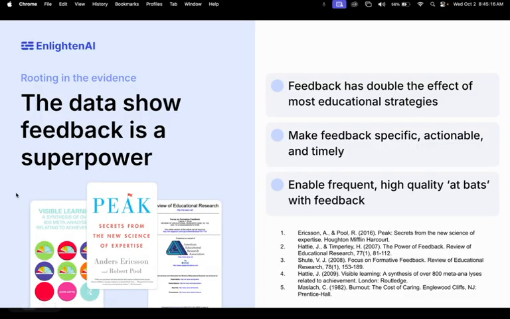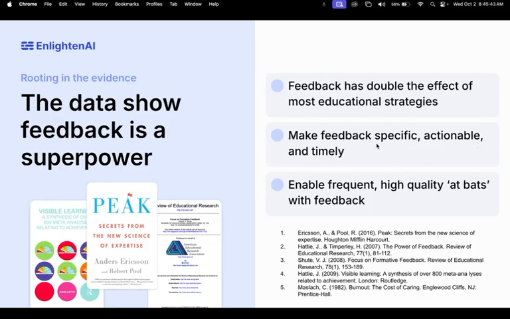So just thinking about feedback, right? It's according to John Hattie's study of what factors have effects on student learning. You can go read all of this research and learn more about it, but it's double the effect of most educational strategies. And in order for it to actually be effective, though, it needs to be specific, actionable, and timely.